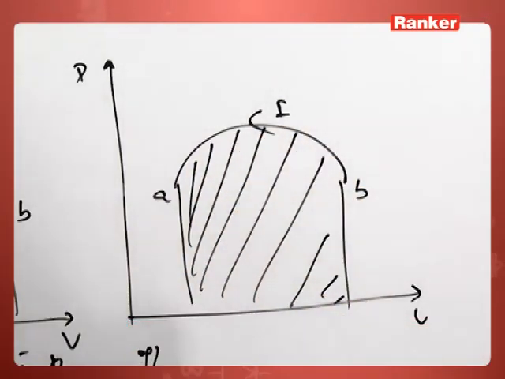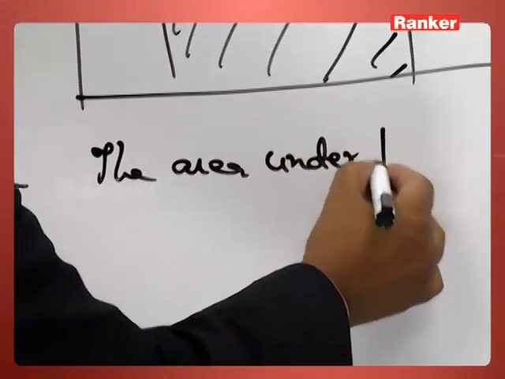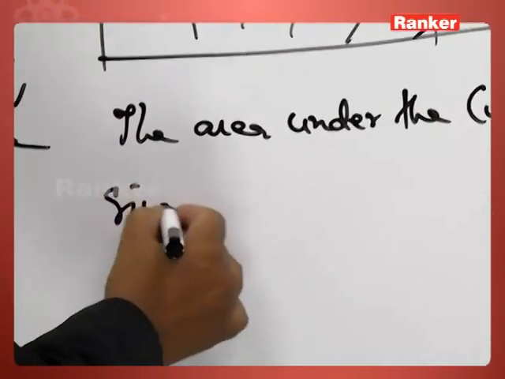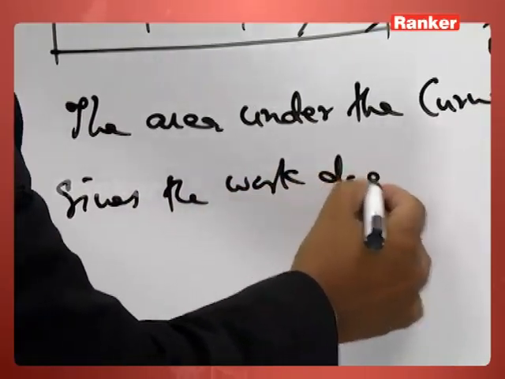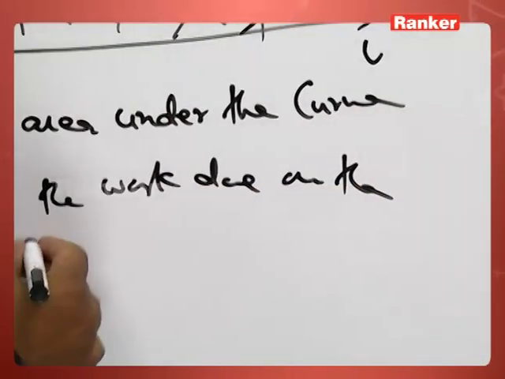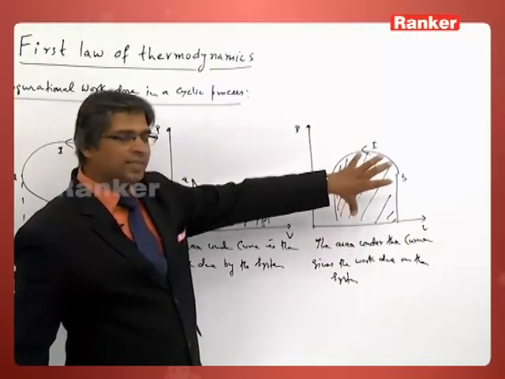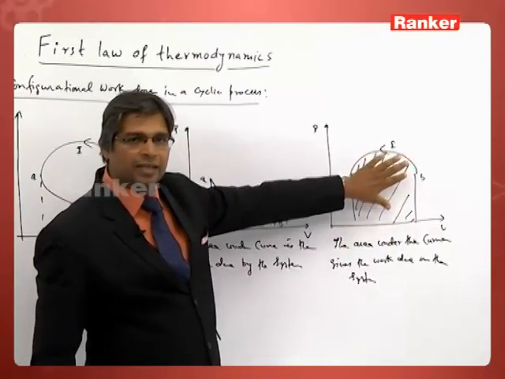The area under the curve gives the work done on the system. So here the external agency is doing work on the system, and that is the area under this curve.